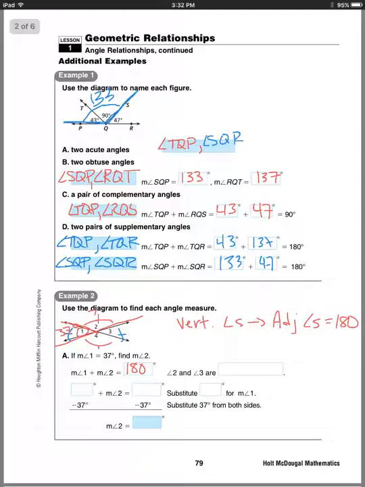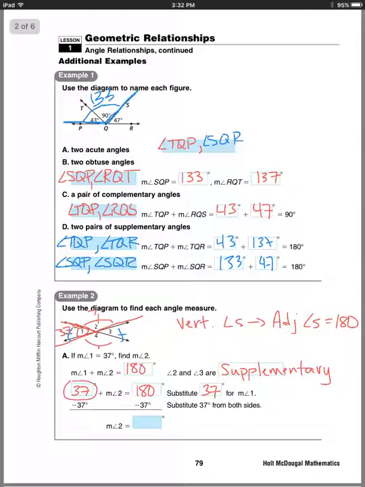Angles 2 and 3, because they lie on a straight line, are supplementary. I don't know why that's important, because to me it doesn't seem to be. So we take the measure of angle 1, which is 37, plus the measure of angle 2, and we get 180. So we substitute 37 degrees, and now we solve for the measure of angle 2, which is considered the variable in this case.